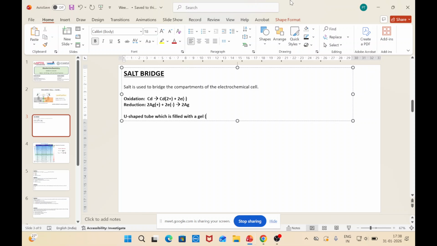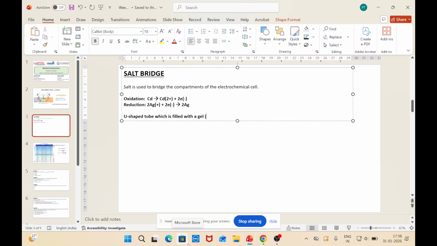What is the commonly used salt bridge composition? So it's a U-shaped tube which is filled with a gel.